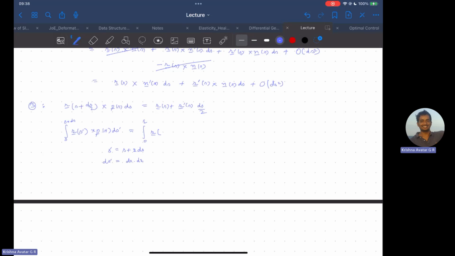So we have r vector of s plus epsilon ds cross p vector of s plus epsilon ds, going from 0 to 1, with d epsilon ds. The integral is taken over epsilon, so of course this ds should come outside.